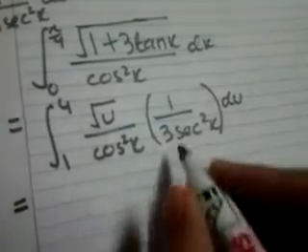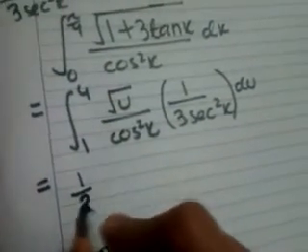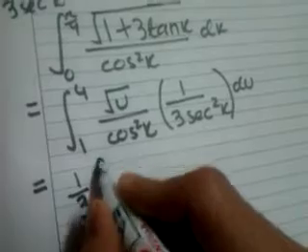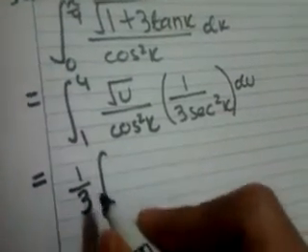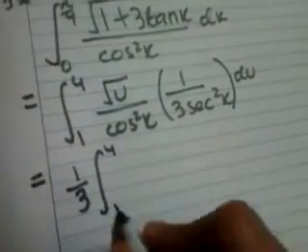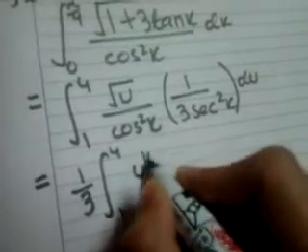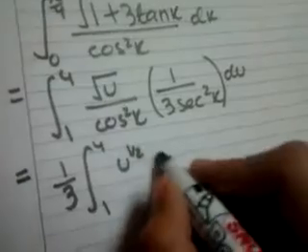Now a good thing to do is, the constant 1 by 3 has no role to play in the integration, so let's bring that out. It will make our job a little simpler. This is 4. This is root u. What's root u? It's u to the power 1 by 2. And cos squared x times sec squared x is 1.